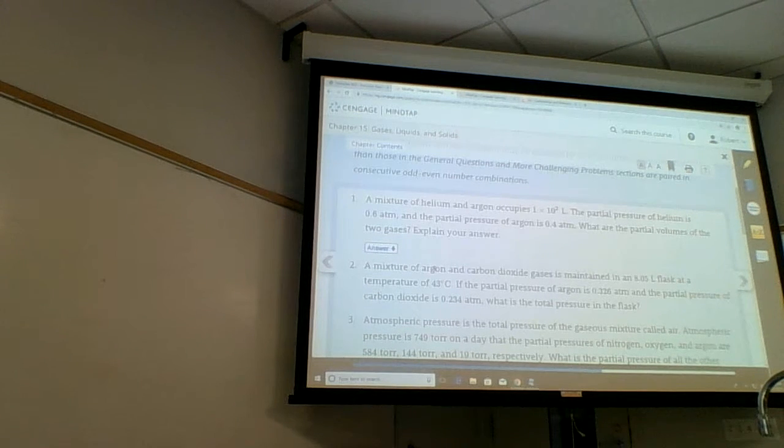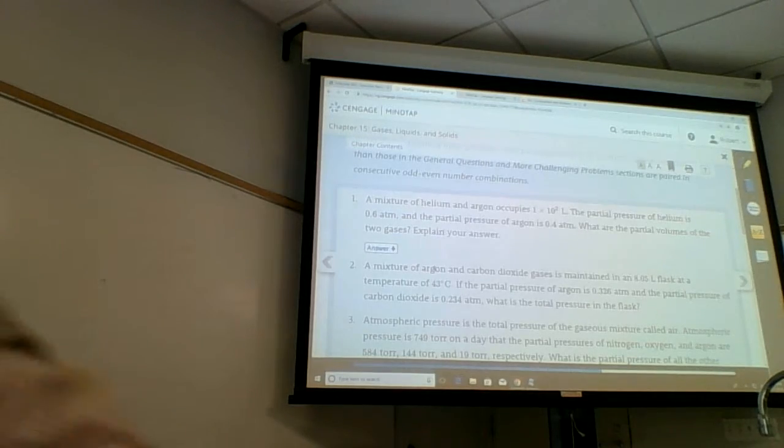So if I take 100 liters of helium plus 100 liters of argon, how many liters of mixture do I get? Normally if you take 100 liters plus 100 liters, you should get 200 liters.